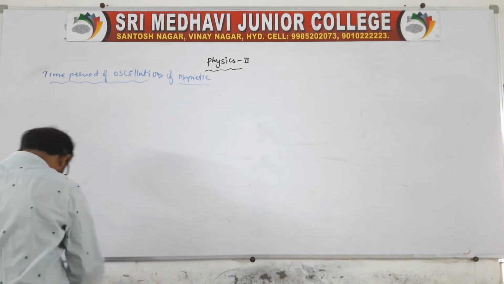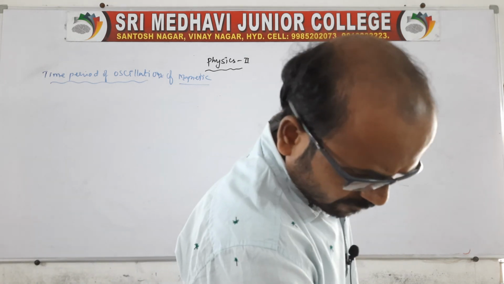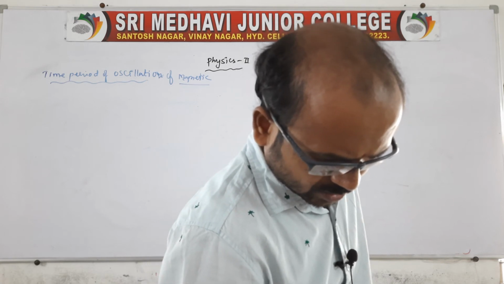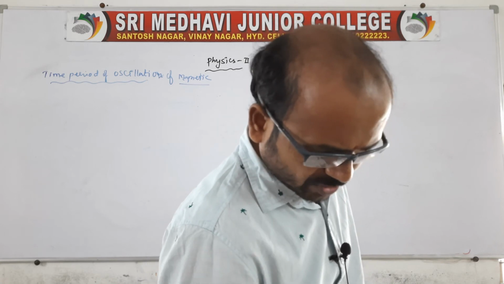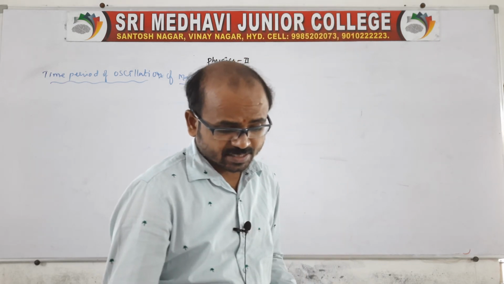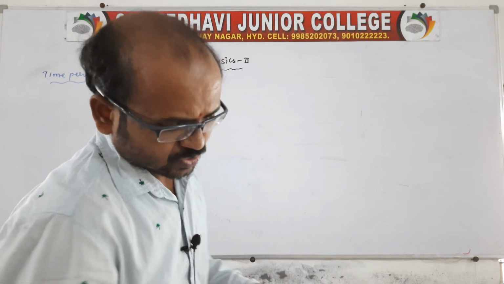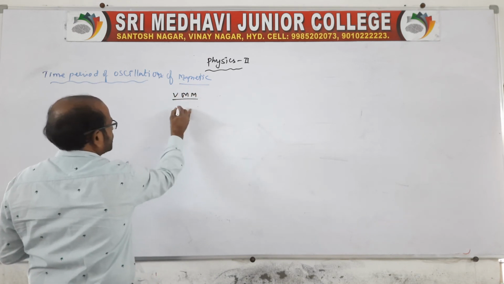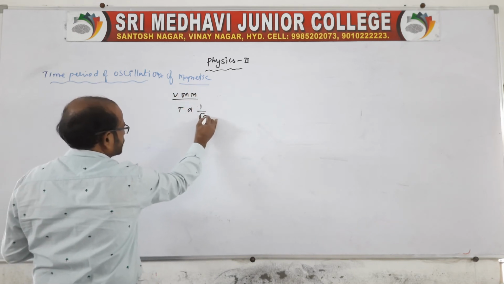There is one case given like this: when the same bar magnet is used in the VMM, the vibration magnetometer, at two different places. In a VMM, T is inversely proportional to root BH.